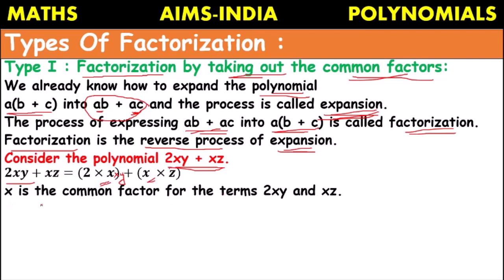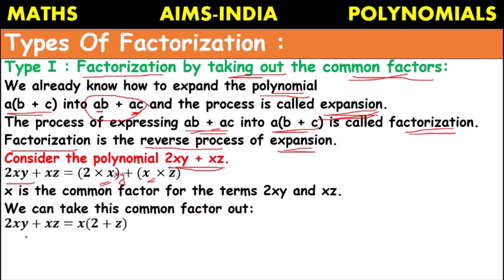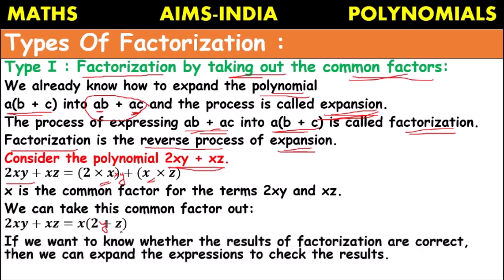So x is the common factor. We can take this common factor out. So what will come here? If we take x as common factor, here 2y will be remaining, here z will be remaining. So x into 2y plus z. These two, x and 2y plus z, are the factors of the given polynomial.